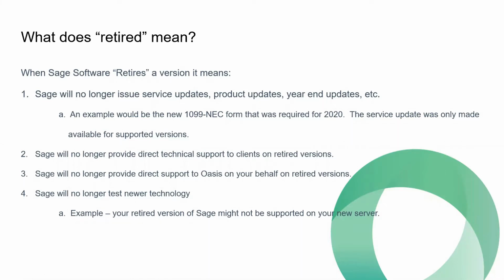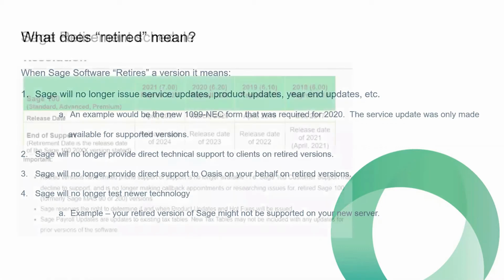Your new server technology may not be supported. Your version of Sage may not be supported with the new server technology. So that could then delay you getting a new server because you're having to wait for an upgrade and so forth and so on. So that's why it's important to keep up to date.